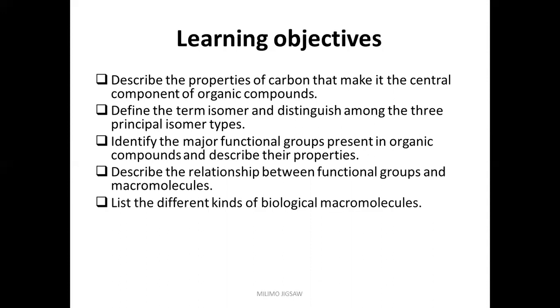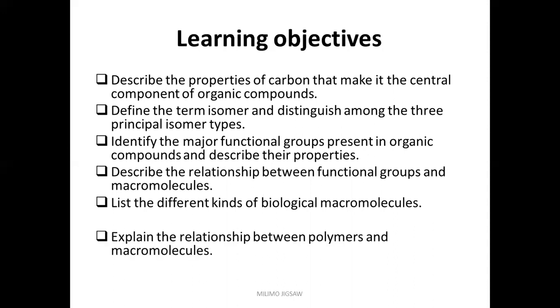And then also be able to list and know the different kinds of biological macromolecules. We should also understand the relationship that exists between polymers and macromolecules. How do macromolecules build and how can they be broken down?